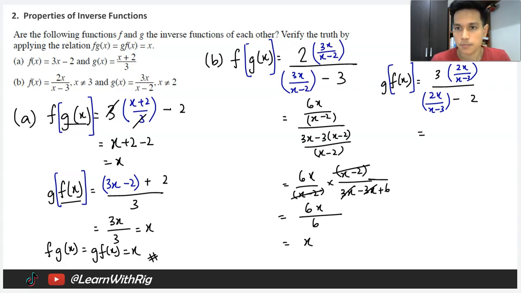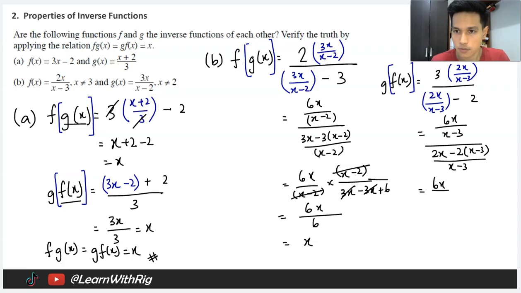Same thing, 3 times 2, 6x over x minus 3. Now in case you don't know what I'm doing, I'm actually changing this. Since it's a whole number, I'm going to change this to make it the same denominator. So here I have to multiply by x minus 3. So what do I get? I'm getting 2x. Since they have the same denominator, I can put them together, 2x minus 3 over x minus 3.